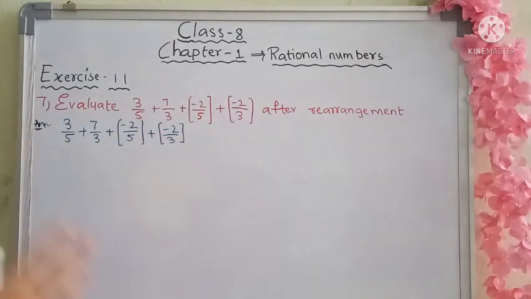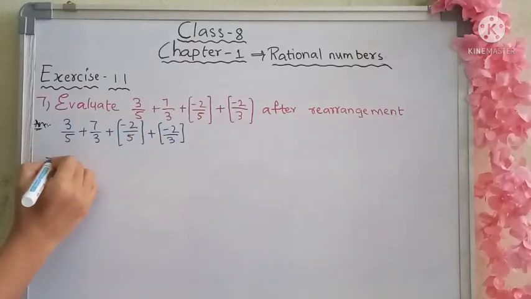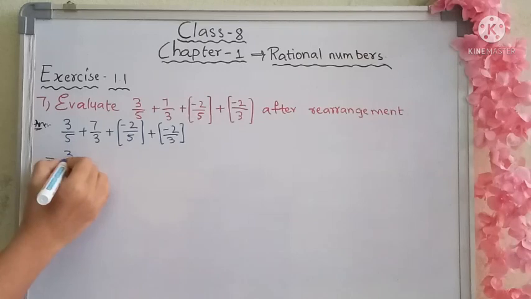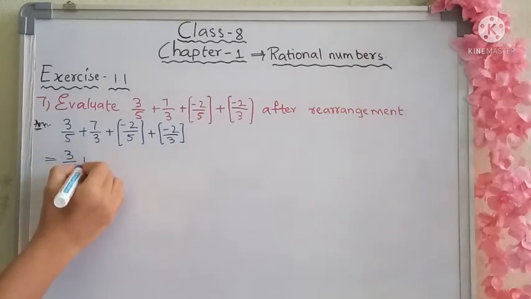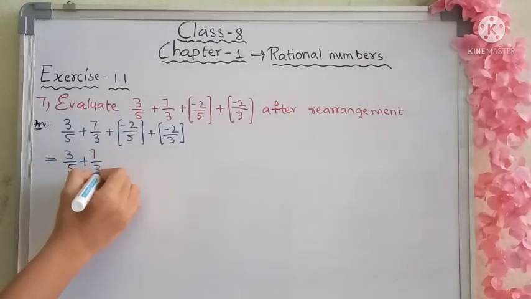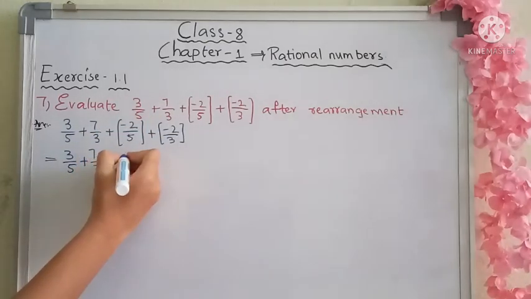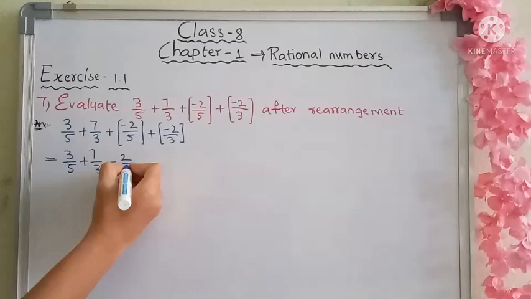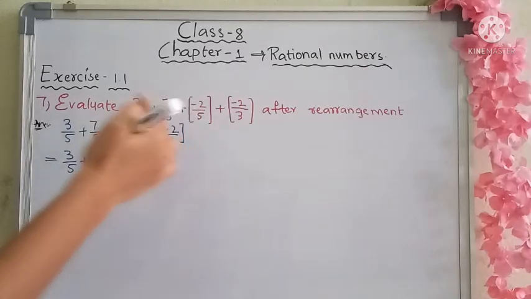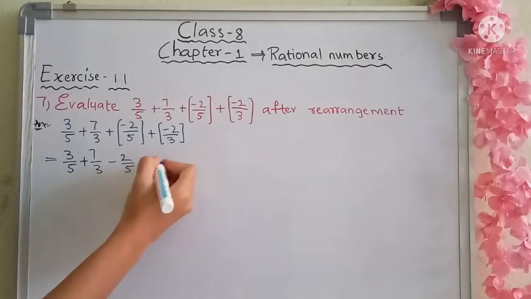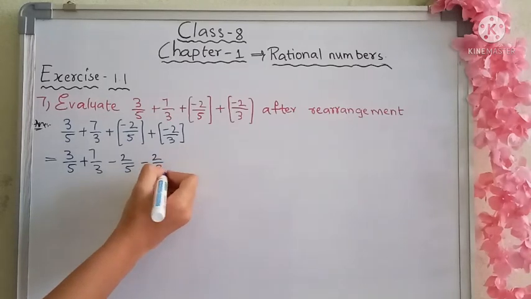So now first thing is that we have to remove these brackets. So let's remove the brackets. 3 upon 5 plus 7 upon 3 plus into minus, which is equals to minus 2 upon 5, again plus into minus, which becomes minus 2 upon 3.